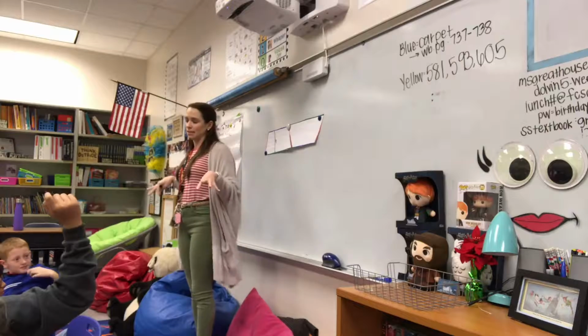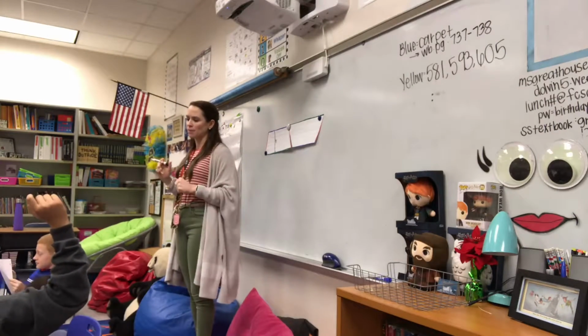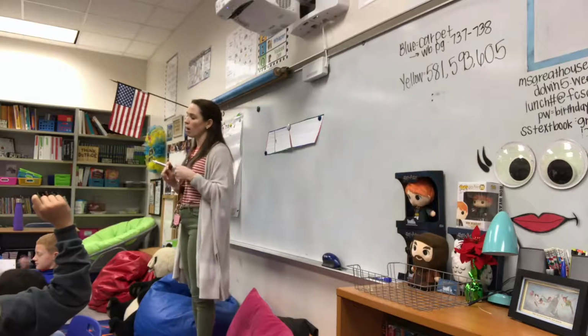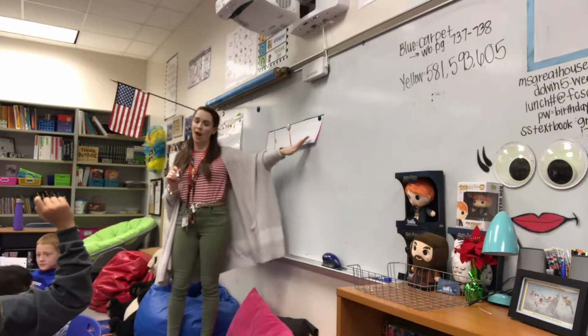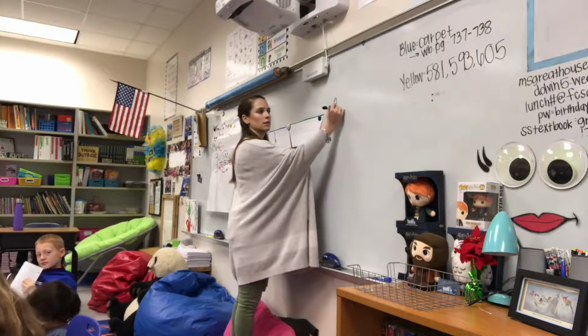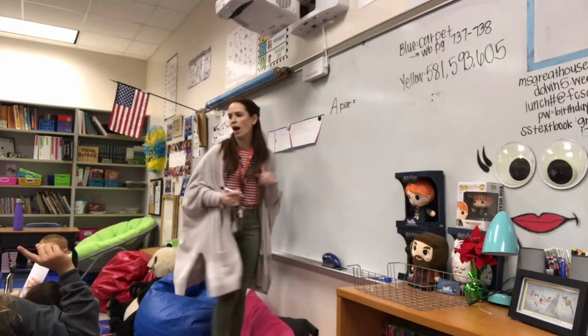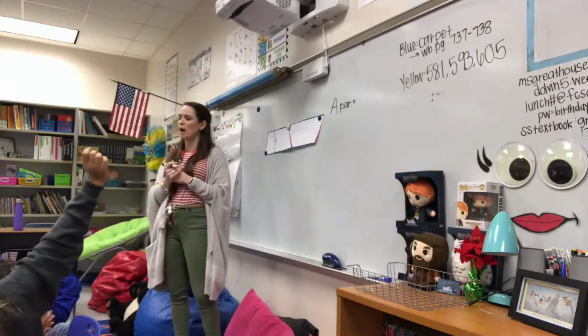Well, we're not going to estimate anymore. We're going to learn how to find the area of a trapezoid using what we know about finding the area of a parallelogram. How do I find the area of a parallelogram? Area of a parallelogram is equal to what, Sesmita?